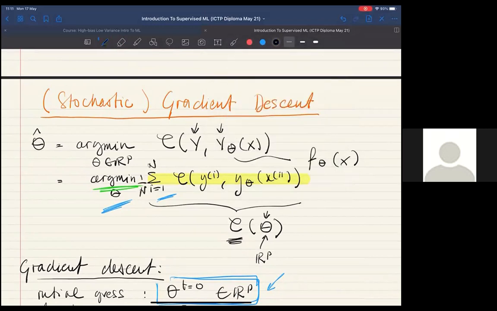If we had access to infinitely many samples, this sum over samples, this empirical average, would become the statistical average, the expectation with respect to the distribution of data. So the true gradient would mean finding the minimum of this expected cost, the expectation with respect to the distribution of data.